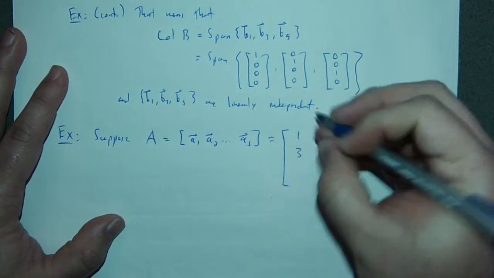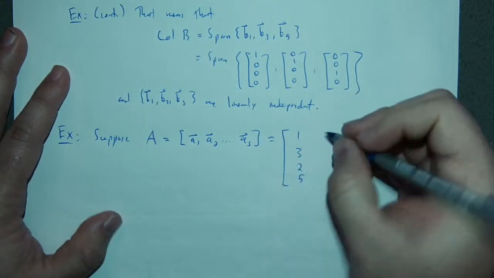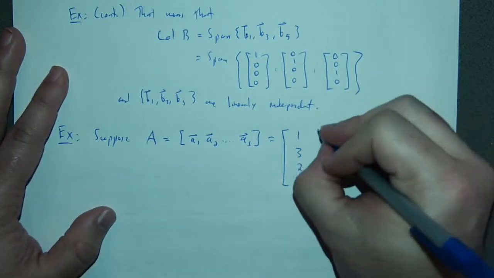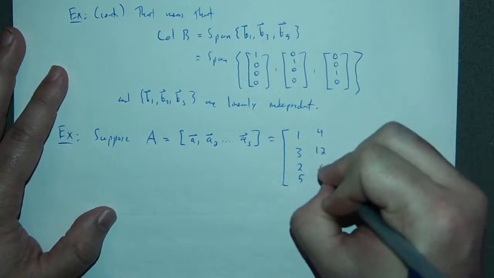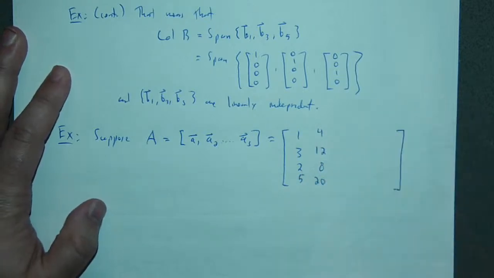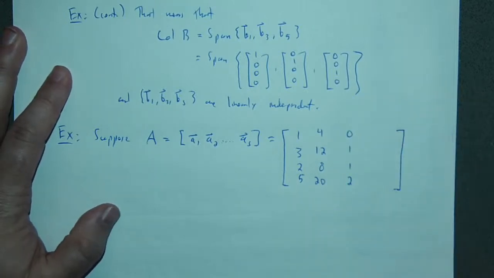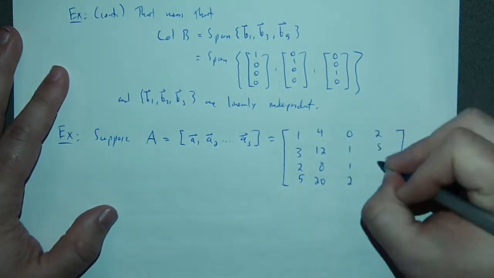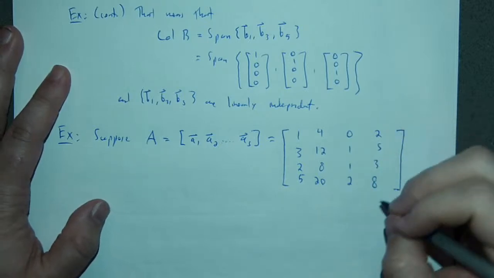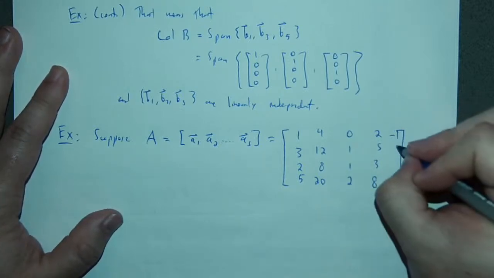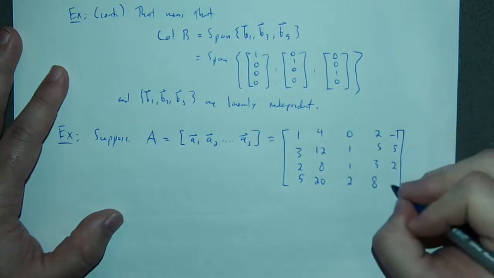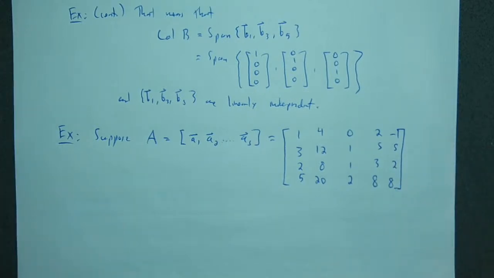So this is 1, 3, 2, 5, 4, 12, 8, 20, 0, 1, 1, 2, 2, 5, 3, 8, and then minus 1, 5, 2, 8. Okay.